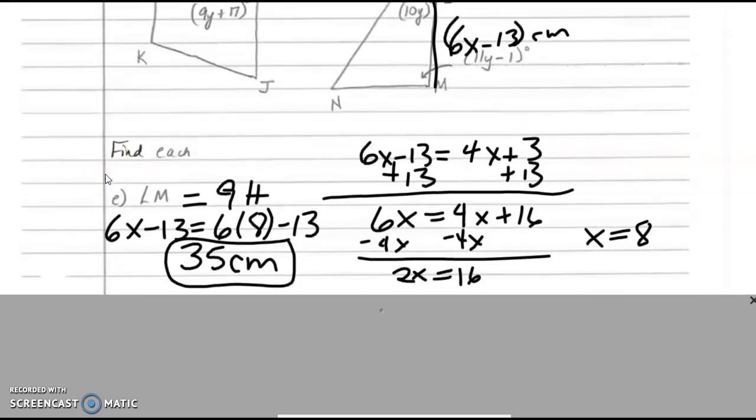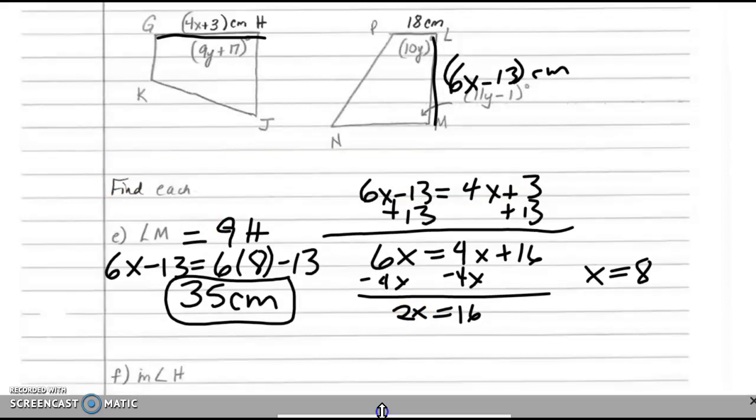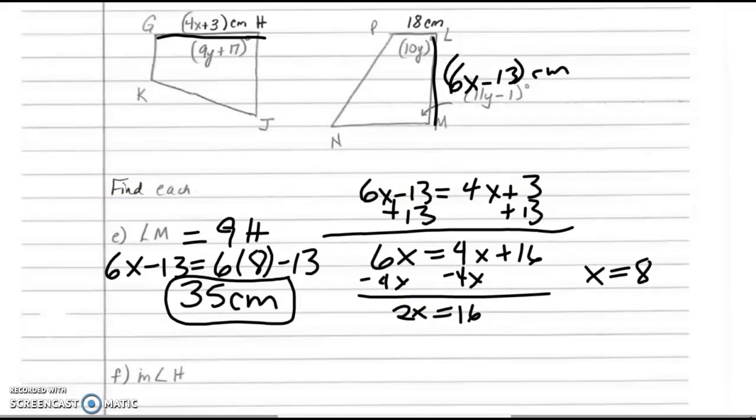The next thing that I want you to find for those two quadrilaterals is the measure of angle H. And I believe we have enough information for that. Yep, we do.